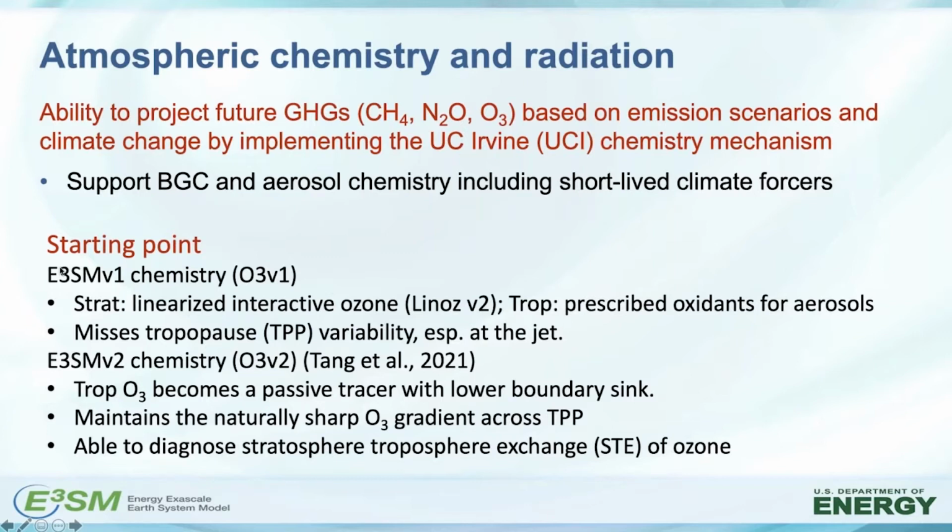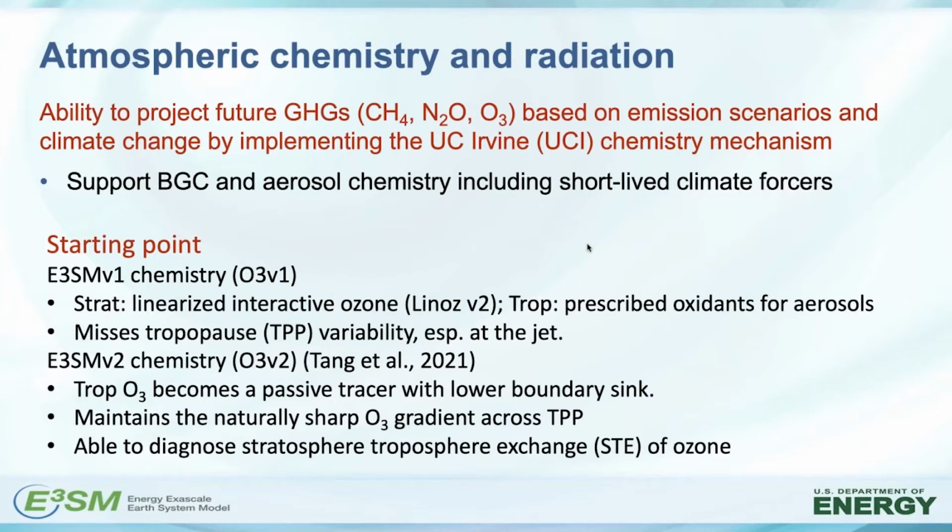For the atmospheric chemistry and radiation task, we aim to add the ability to project future greenhouse gases based on emission scenarios in a changing climate. So we will support biogeochemistry and aerosol chemistry, including short-lived chemistry forcers.